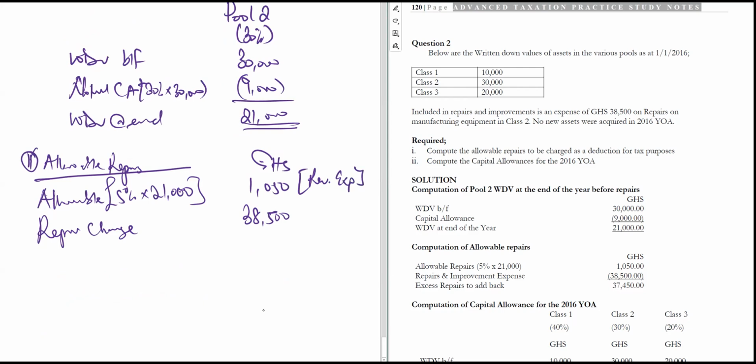So how much goes to capital expenditure? How much is of capital nature? Which becomes our excess repairs.